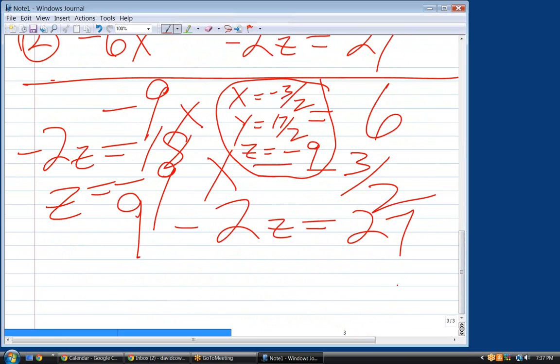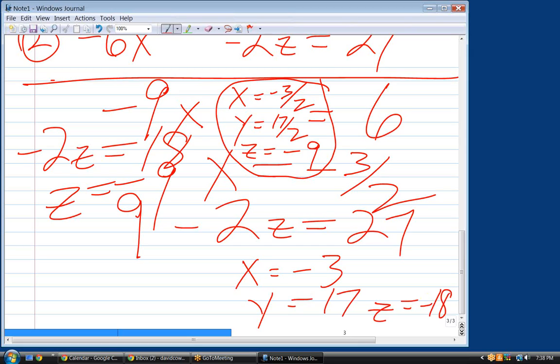What were your answers? Because I could multiply everything by 2, and then I get x is minus 3, y is 17, and z is minus 18. No, that's not one of them either? All right.